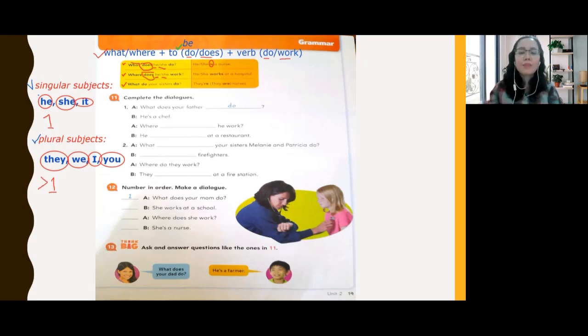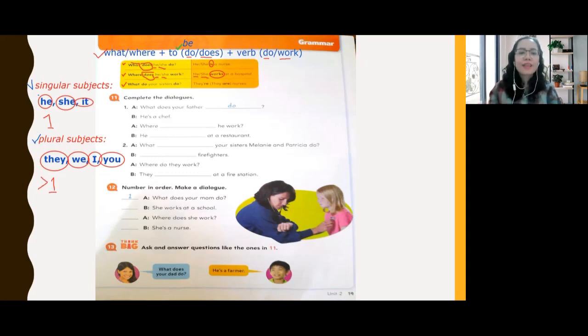And when it comes to the answer, for the singular subject, we have to use works rather than work. There is the letter S behind the word work.